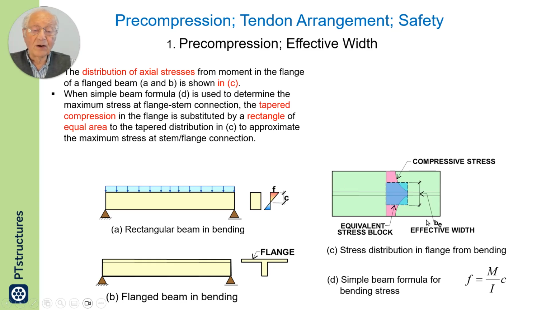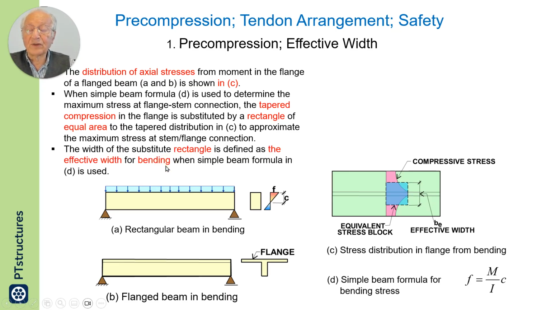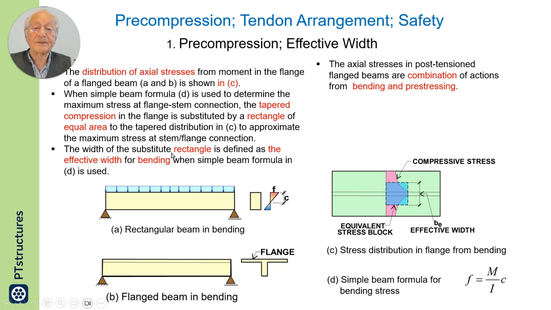This, along with the formula shown at the bottom right, will give us a stress which is reasonably realistic for the connection between the flange and the stem. The width of this substitute rectangle C is defined as the effective width for bending when the simple beam formula shown here is used.